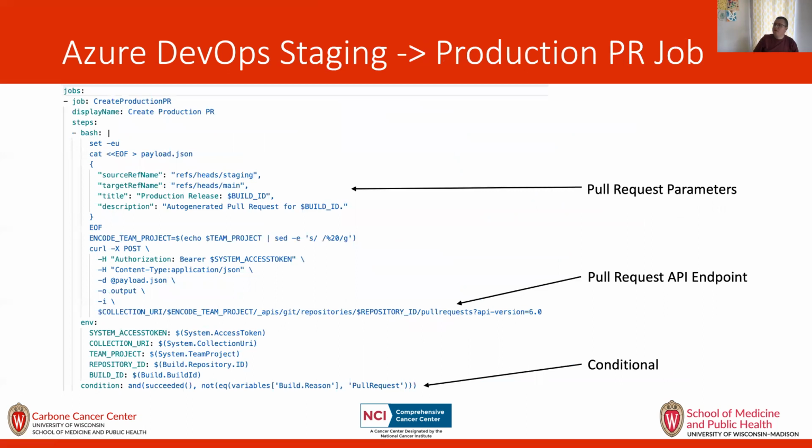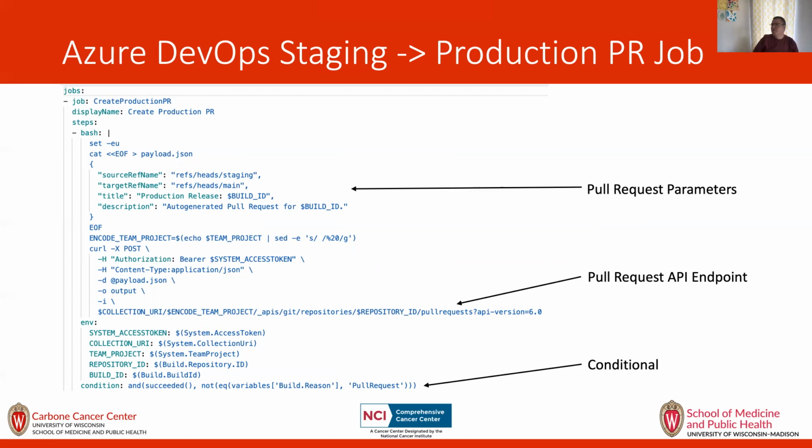And so the last part of the continuous deployment pipeline I wanted to show you was the job that we use for creating the staging to production pull request. You give it a fairly simple payload where you tell it the source and target branches.